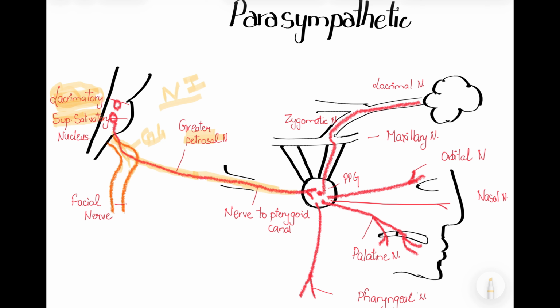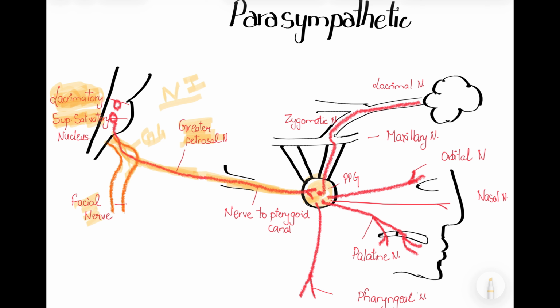So the fibers come from two nuclei, the lacrimatory nucleus and the superior salivatory nucleus. They travel through the nervus intermedius, a branch of the facial nerve, pass through the geniculate ganglion, then enter the greater petrosal nerve, and later the nerve to the pterygoid canal. Finally these fibers reach the pterygopalatine ganglion and relay in this ganglion.